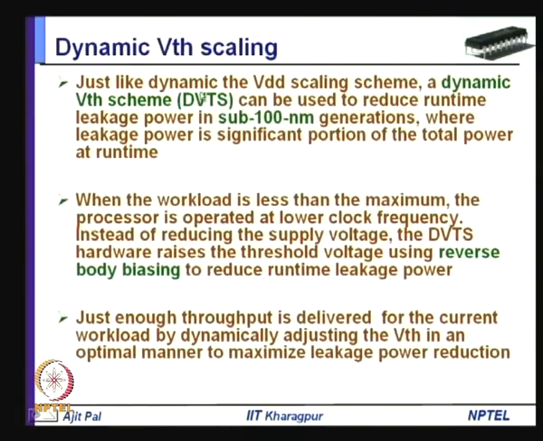Just like the dynamic VDD scaling scheme, a dynamic VTH scheme can be used to reduce runtime leakage power in sub 100 nanometer generations, where the leakage power is a significant portion of the total power at runtime. So, this approach can be used only when the leakage power is significant. Leakage power may be more than 50% of the total power. In such a case, what can be done?